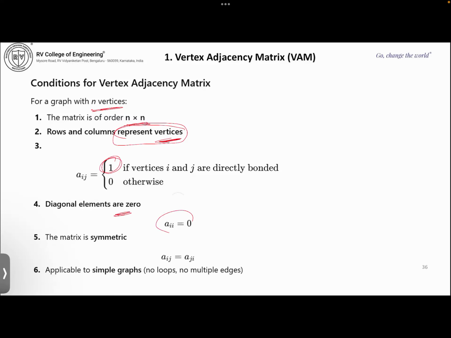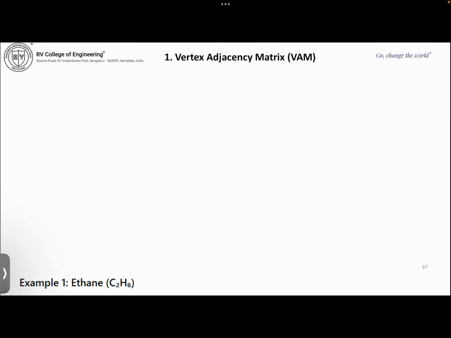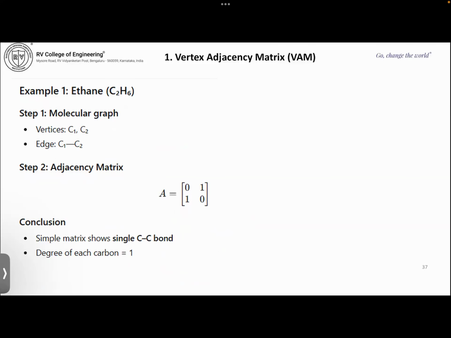Diagonal elements are 0 because diagonal elements always refer to the same element: Aii equals 0, Ajj equals 0. The matrix is symmetric, therefore Aij is equal to Aji, so both will be 1. It is applicable to simple graphs: no loops, no multiple edges. These are the conditions for the vertex adjacency matrix.